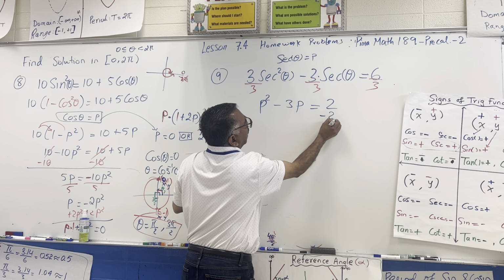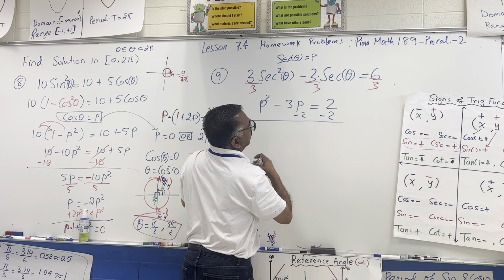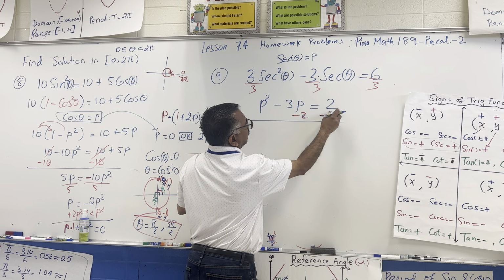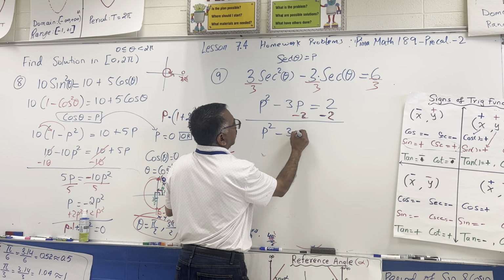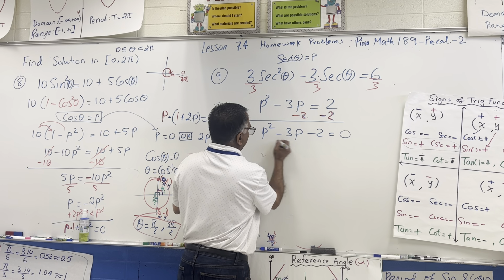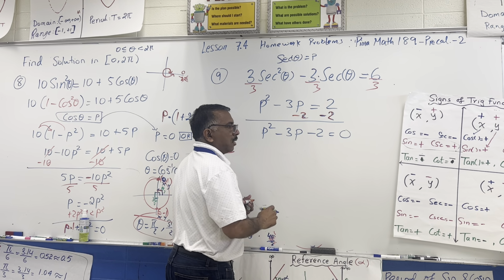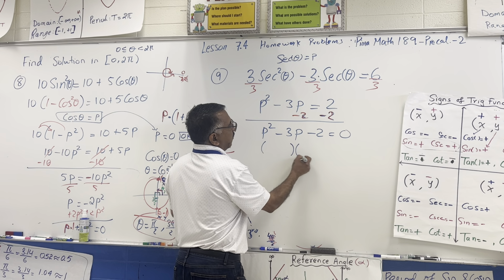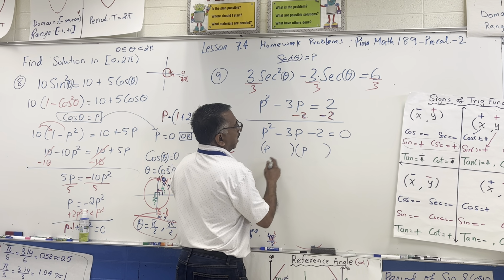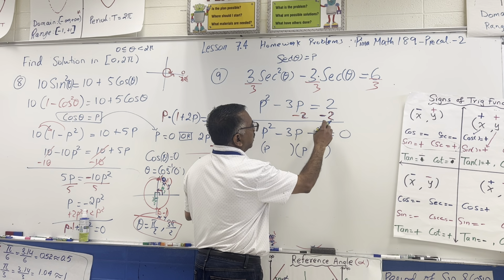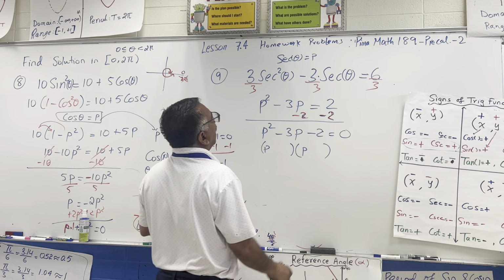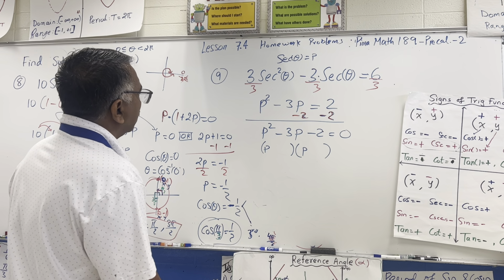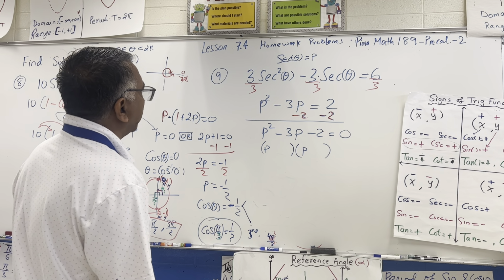So you subtract 2 from both sides and get p squared minus 3p minus 2 equals 0. And then you can see you can factorize this, and the only way to get this is 2 times 1, so 2 times 1 is 2, but how will I get minus 3p?